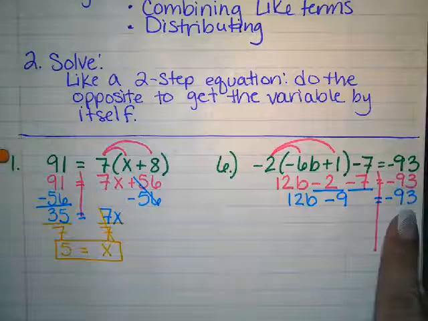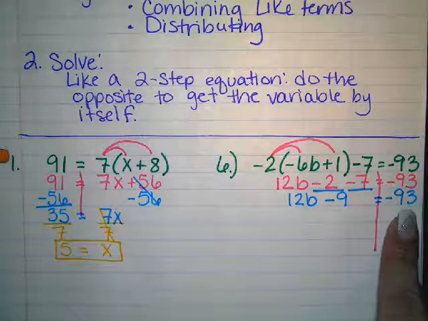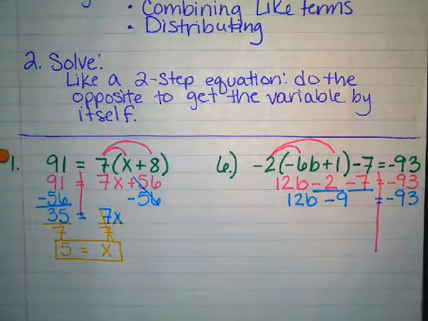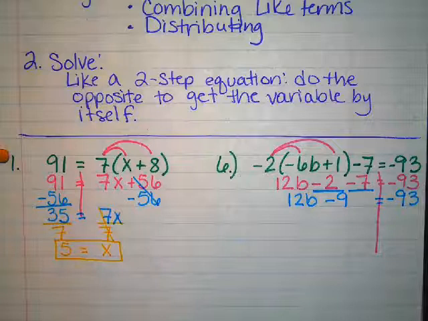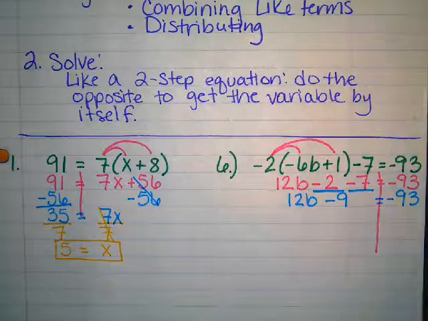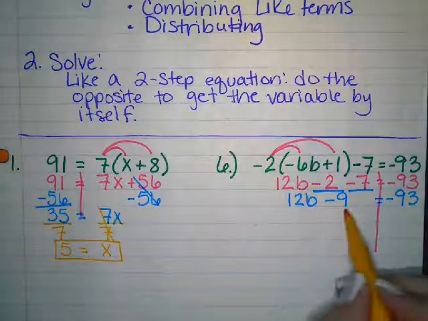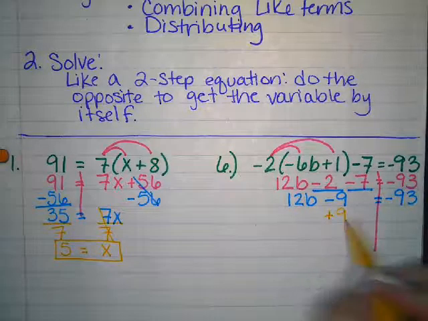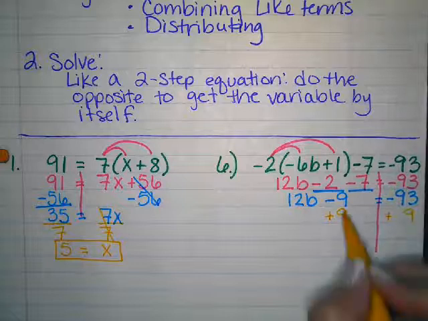Now, there's nothing else I can simplify, so now I can start rearranging the equation by doing the opposite to solve the equation. So the first thing I'm going to do here, I have 12b minus 9, so I'm going to add 9 to both sides to get rid of that 9.